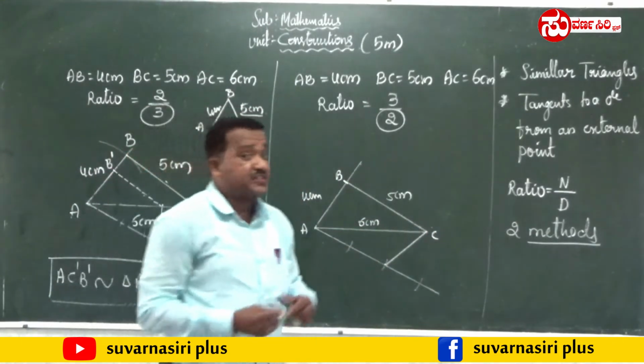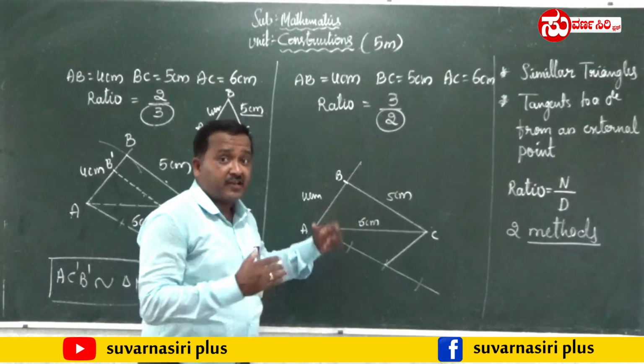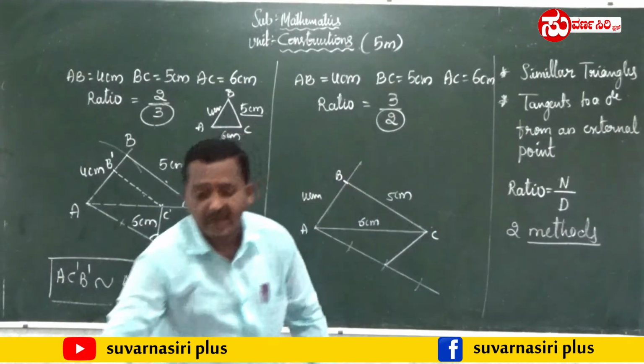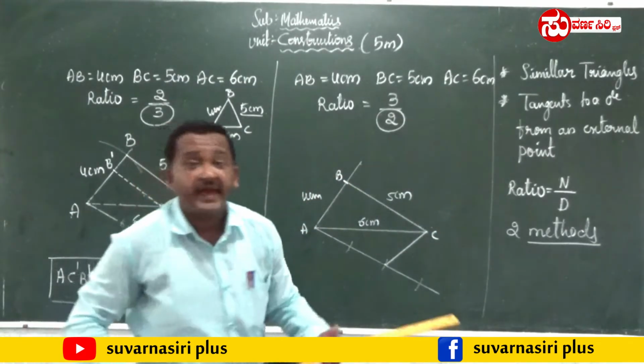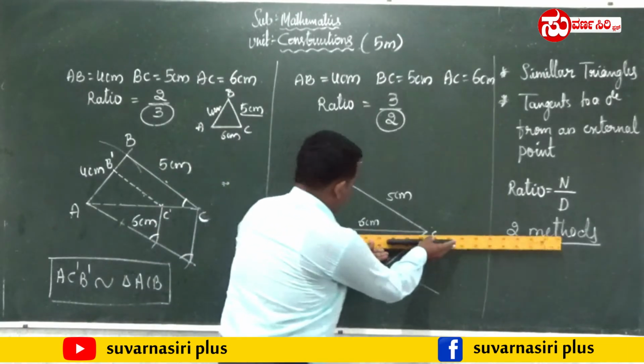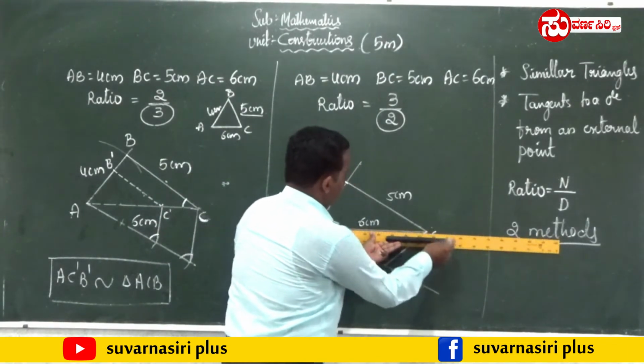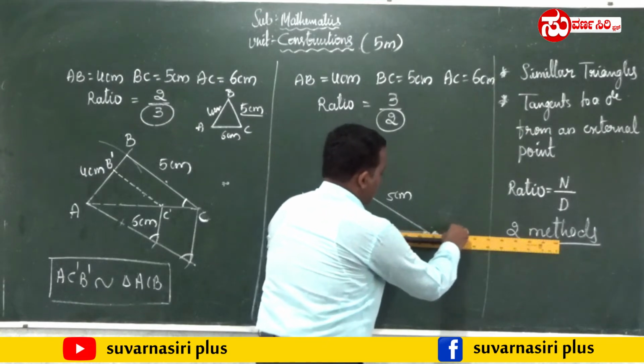Now what you have to do? The triangle which is similar to this is getting formed externally, outside. So we need to extend the lines. First extend the line AC, keep it as a dotted line.